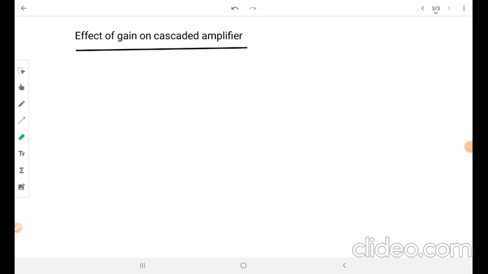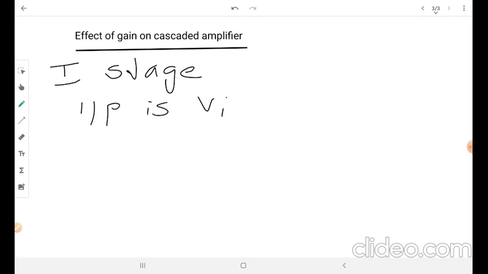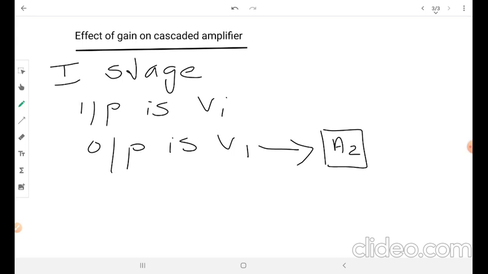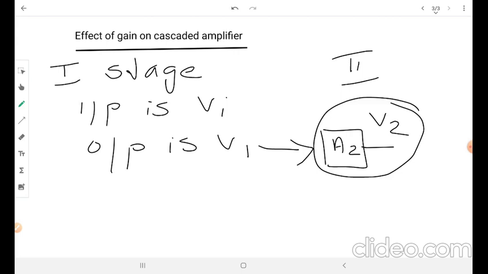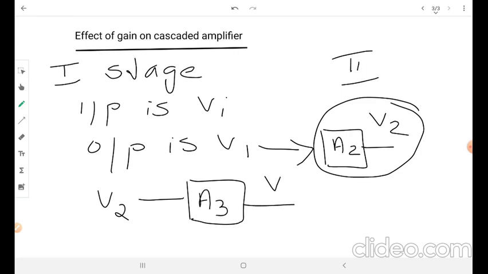From the figure, for the first stage, the input is Vi and the output is V1, and that output is connected to the input of the next stage, the second stage, which has gain A2, and from that we get the output V2. Output V2 is connected to the input of the third stage, which has gain A3, and from that we get the output V3.